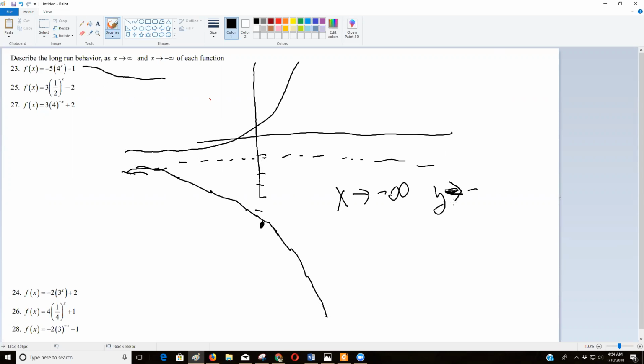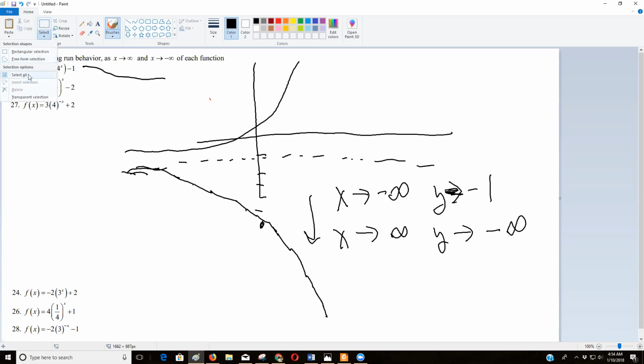Let me do it in arrow notation. And as x approaches positive infinity, this function heads down to -infinity. And that's that one.